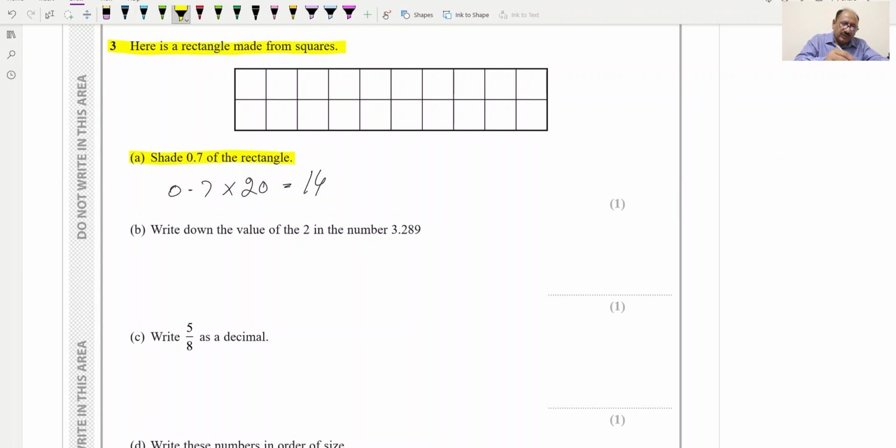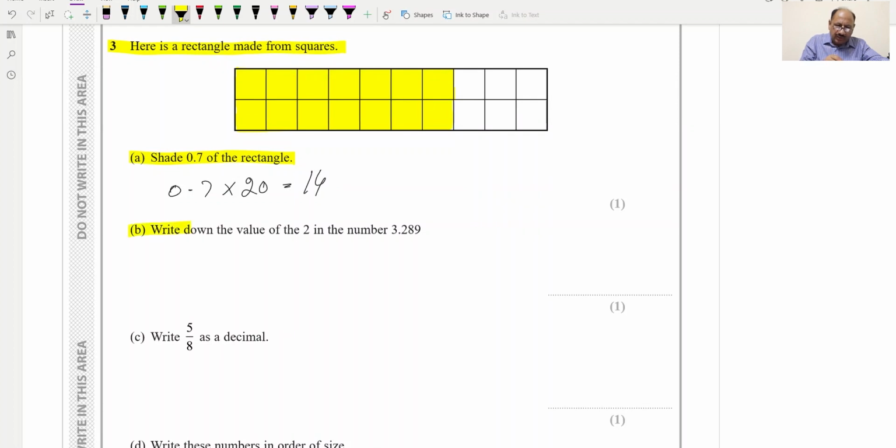So we'll be shading 14. So 1, 2, 3, 4, 5, 6, 7, and till here this portion we have to shade. So 7 plus 7 will be 14, and this is shaded. This was a 1 mark question.